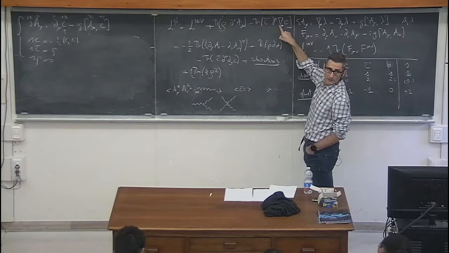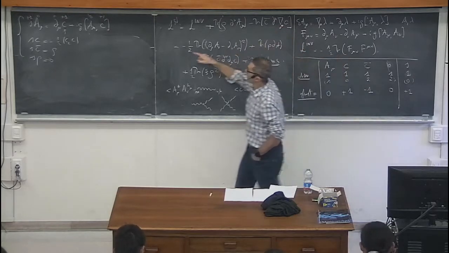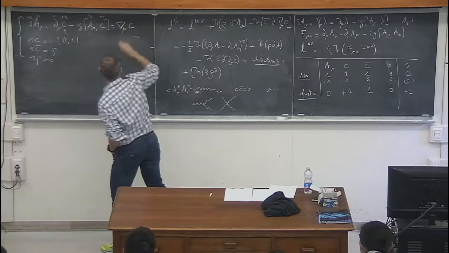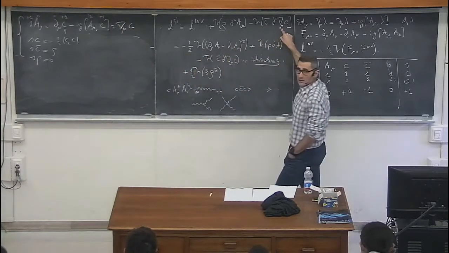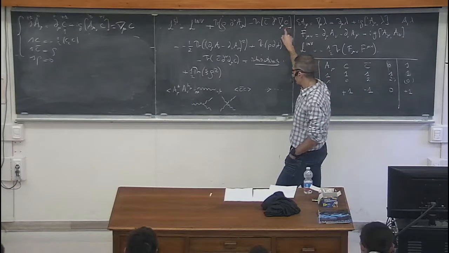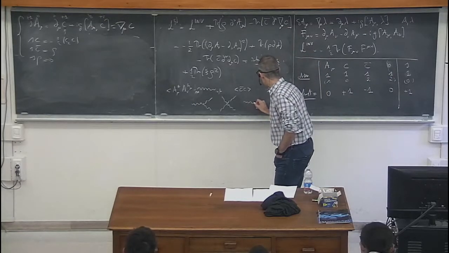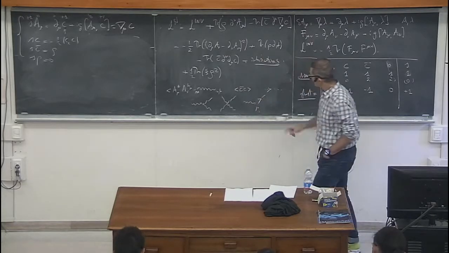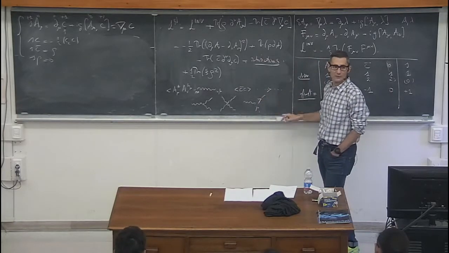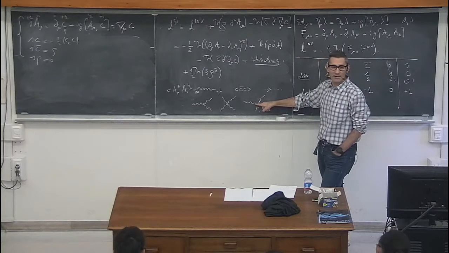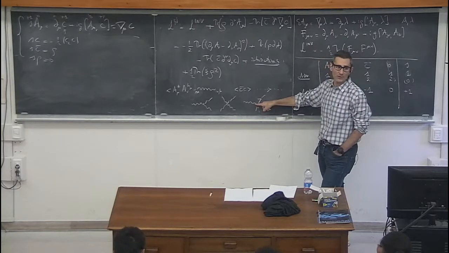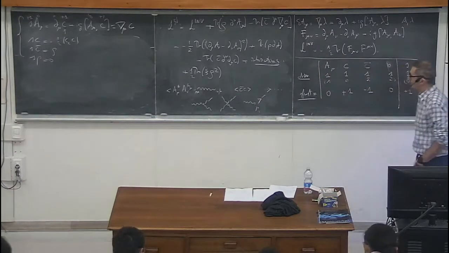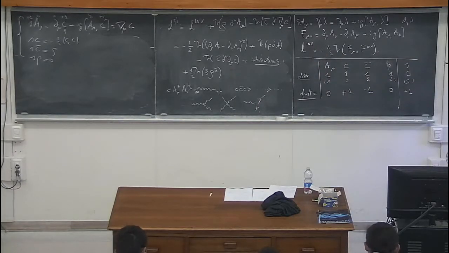If you expand this covariant derivative, which is the covariant derivative of the ghost, you get an interaction between the ghost and the gauge field. This looks like the interaction for a fermion, but instead of having gamma matrices, you get just one derivative. So there is a vertex of this type.